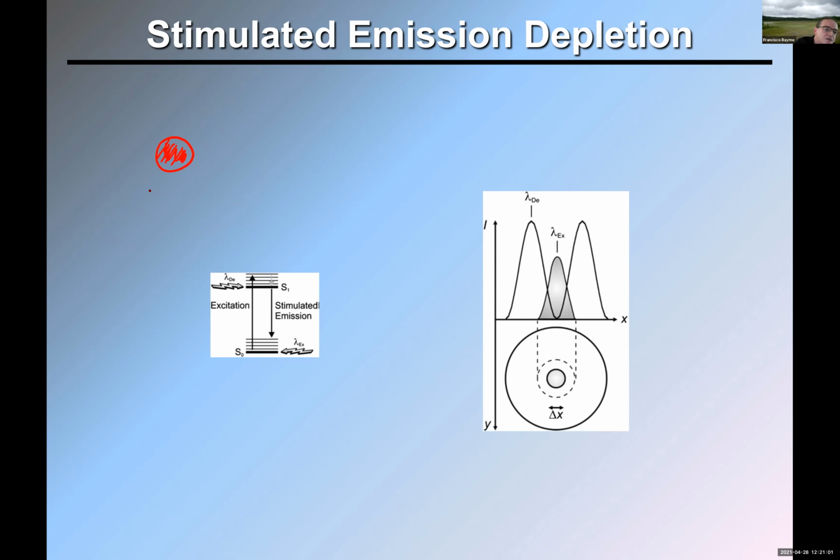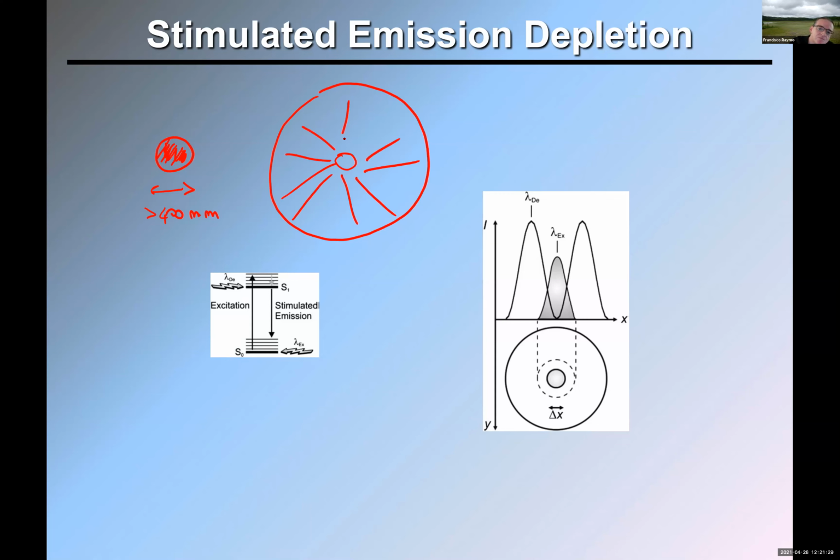And the dimensions of that disk are going to be, let's say, maybe more than 400 nanometers. Okay. So what he realized is that you can generate a second spot, much larger, which, however, has a hole in the middle. So light is everywhere, but not in that tiny hole.